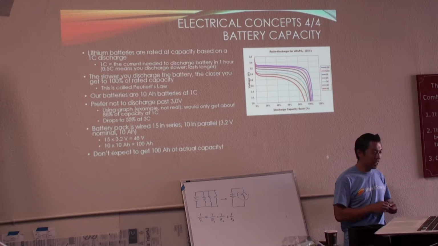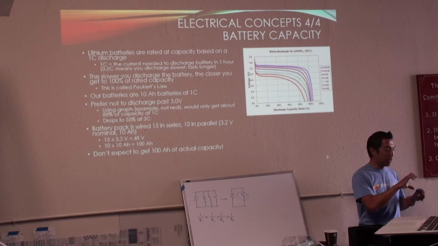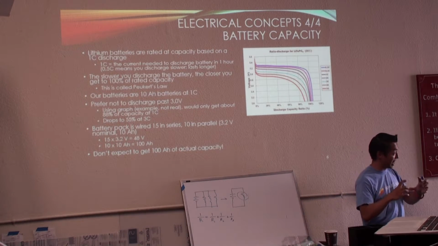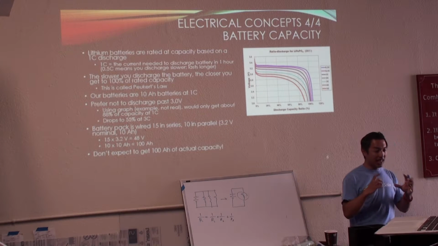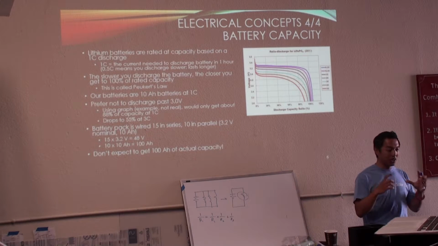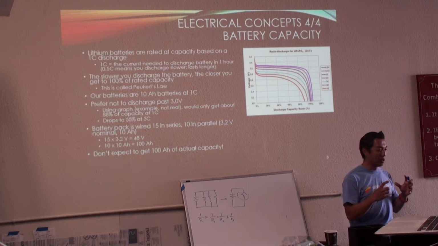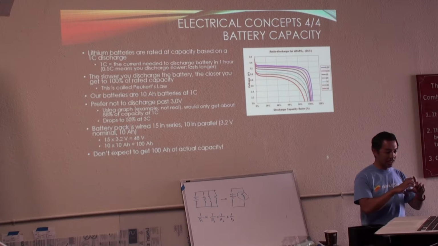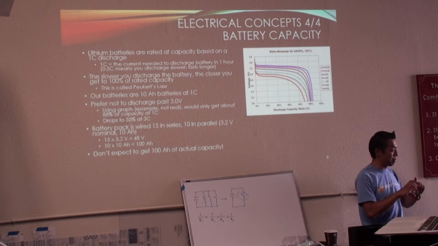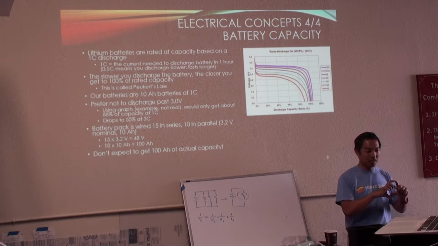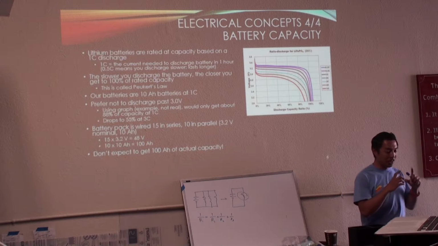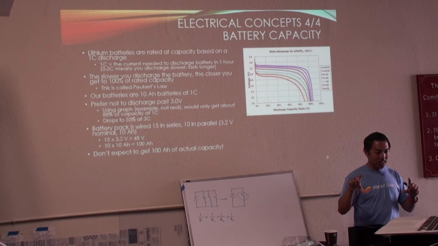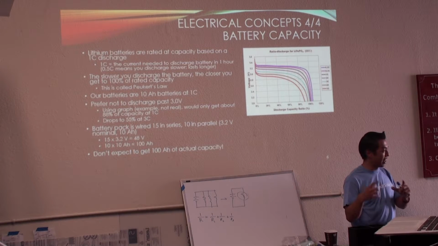Ten in parallel, because basically we wired the positives together and the negatives together into a brick, right? What does that do when we put those 10 batteries together in parallel? It increases the capacity and keeps the voltage the same. Parallel keeps voltage the same and increases current. So if you have 10 amp hour batteries and wire 10 of them together in parallel, you get 100 amp hours.